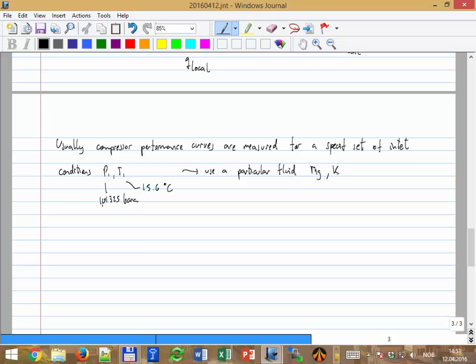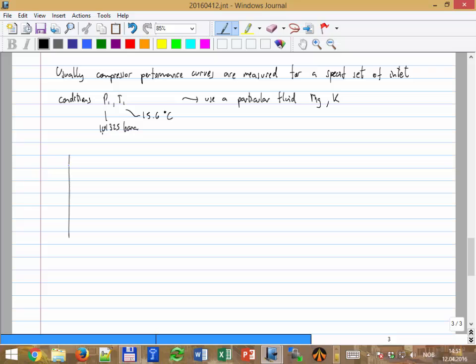Then, if we have those curves, let's talk now about polytropic, that is the enthalpy difference, Q actual.